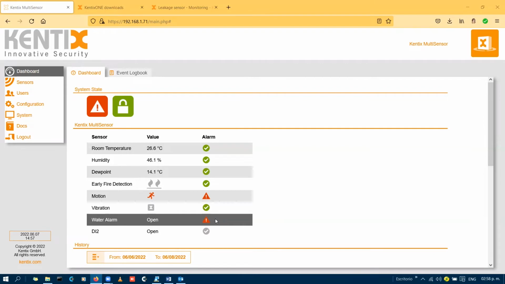And as I put it, you can see that there is an alarm. So right now the water sensor is on the wet cloth, and you can see that it is still in alarm.